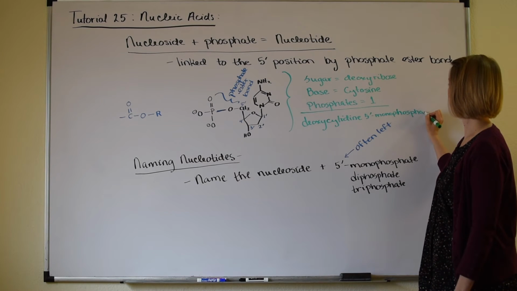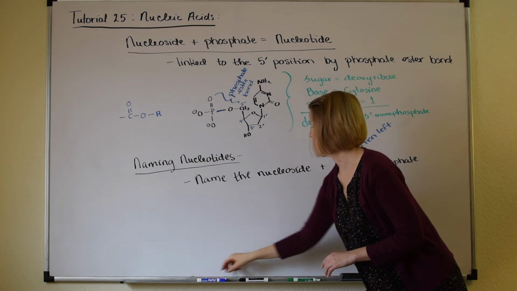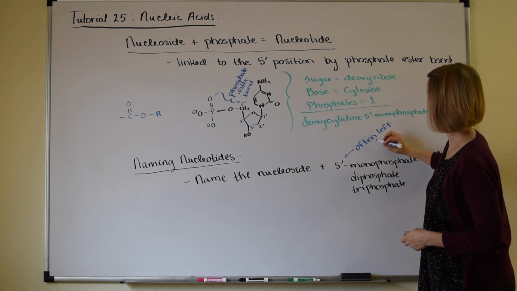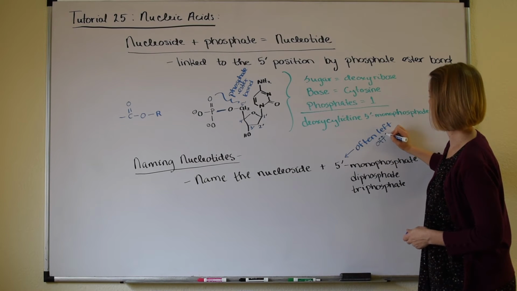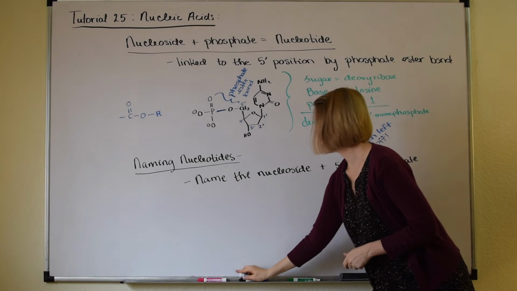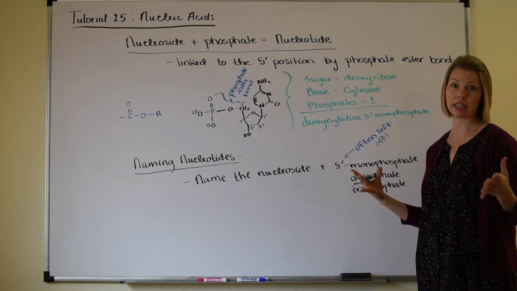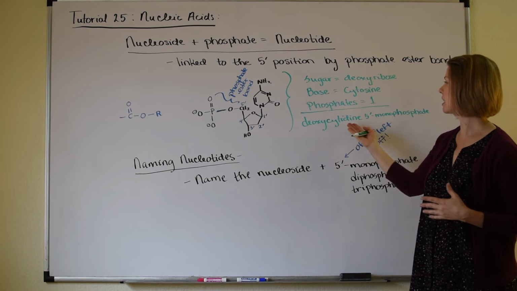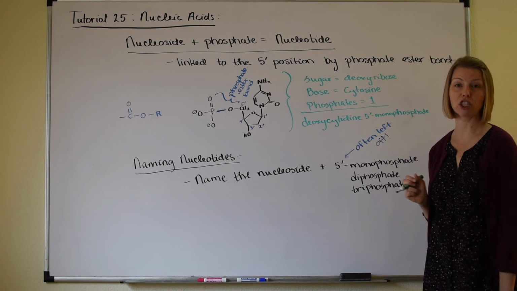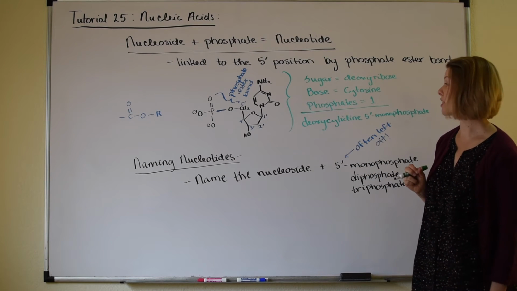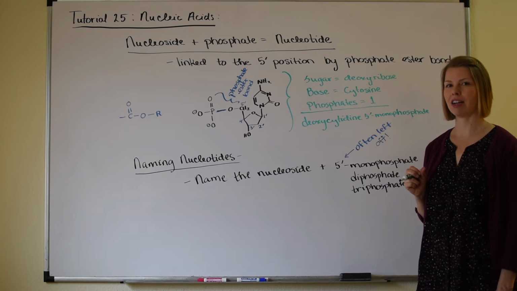Phosphate. Okay. So rewrite what I had there. And of course, if you leave off the 5', a lot of textbooks do that, so deoxycytidine monophosphate is fine as well. Now notice that this name is getting pretty long.